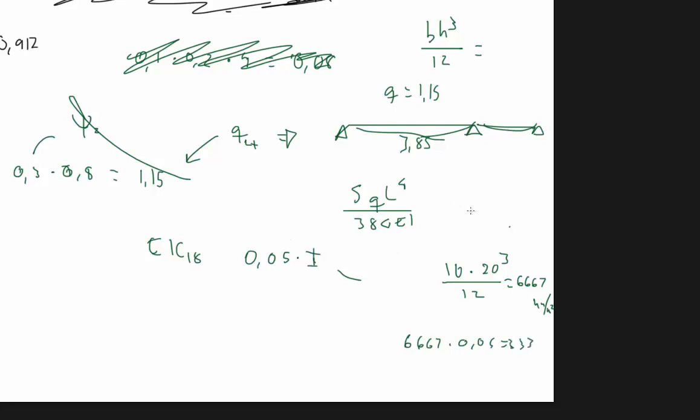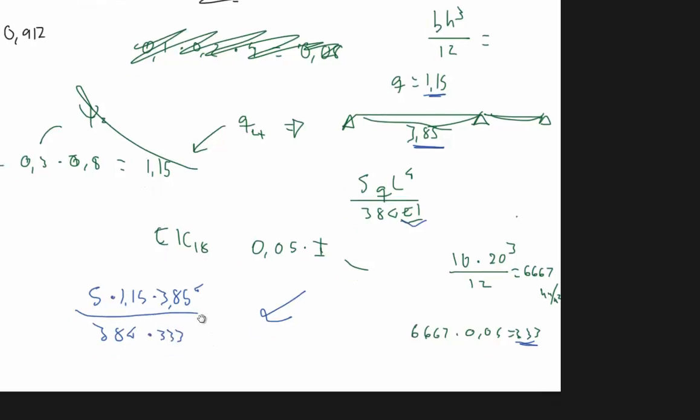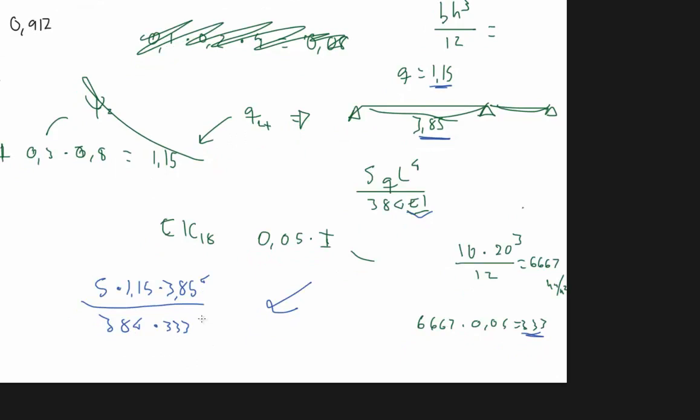So now we have this: 5 times Q, which is 1.15, times 3.85 to the fourth power, divided by 384 times 333. So it will be a huge number divided by a huge number.